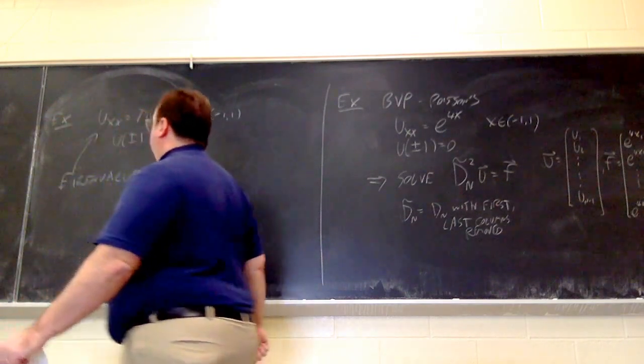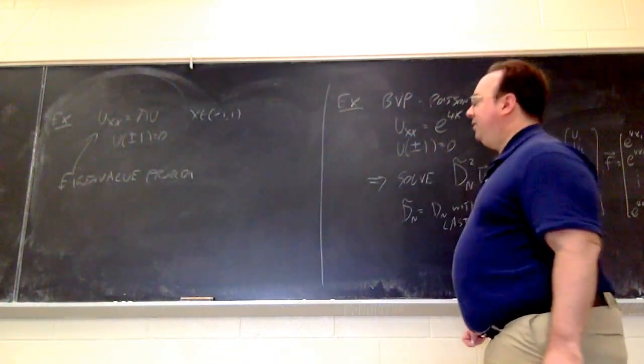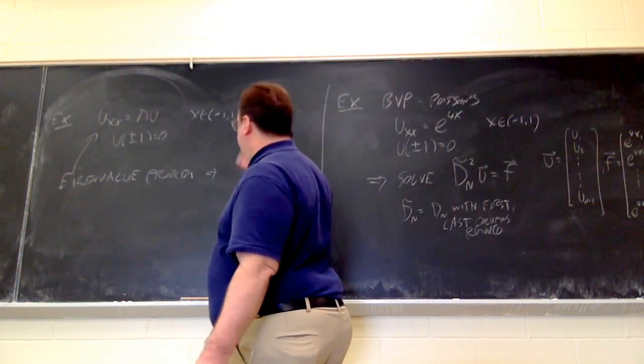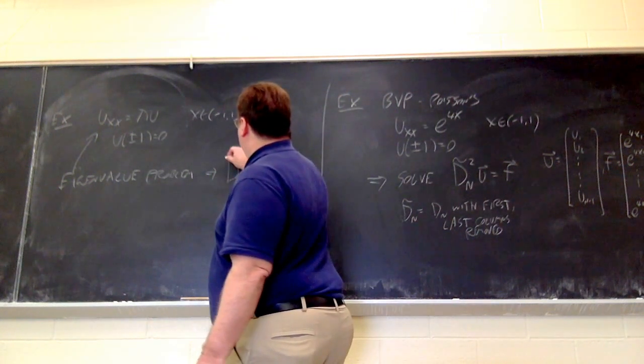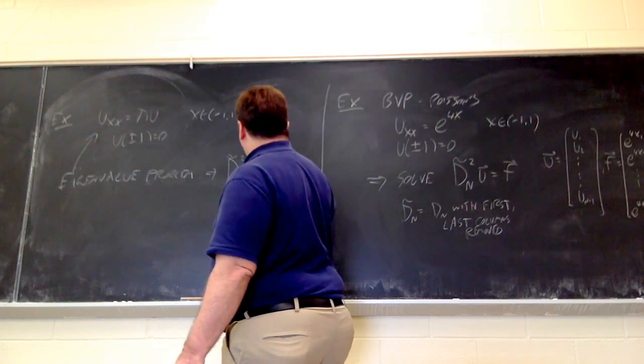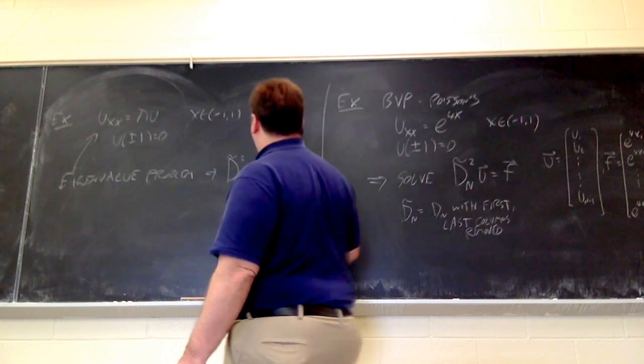With the homogeneous Dirichlet boundary conditions, you can approximate this by an ordinary matrix eigenvalue problem, dn tilde squared u is equal to lambda u.